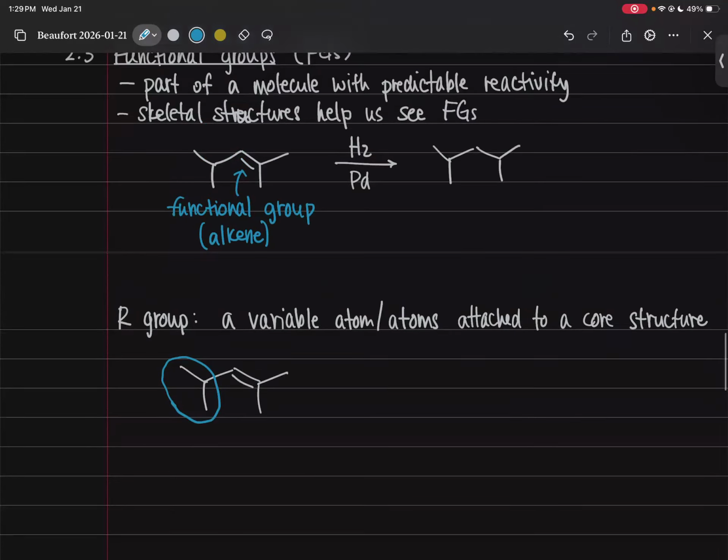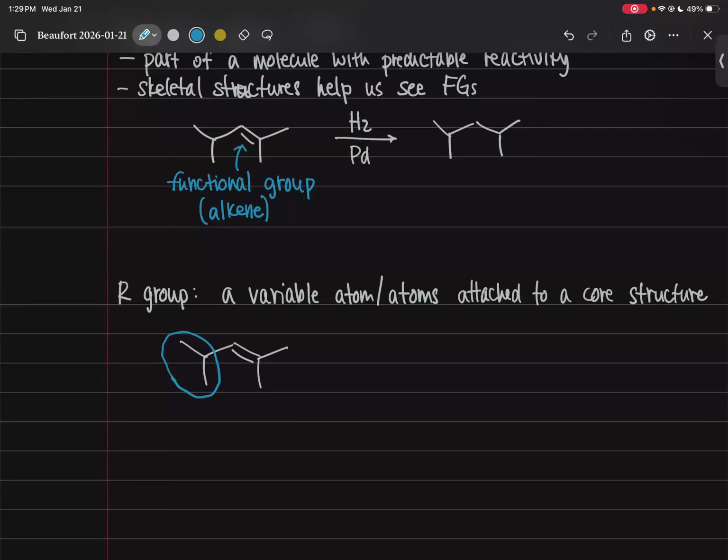If we look at our reaction, those three carbons on the left are not affected in the reaction. Again, in order to select what we're going to make into an R group, you kind of have to know this in advance, but we'll get to that later. So we can actually just hide. This is like hiding a column in Excel. We don't want to see it. We don't care about it, but it still needs to be there.